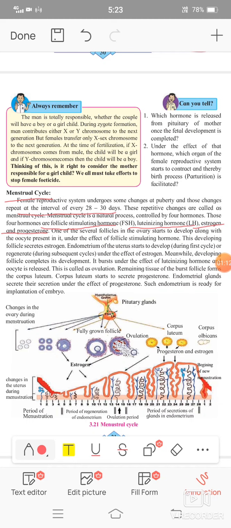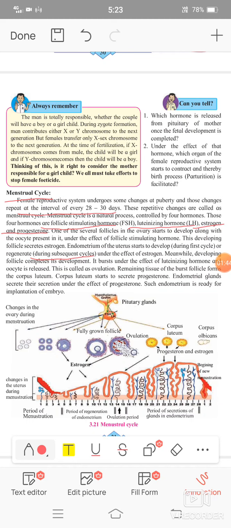One process depends on another process, so it is subsequent during the cycle. The endometrium of the uterus starts to develop during the first cycle, or regeneration, under the effect of estrogen. So the follicle is developing, and the uterus also starts developing with the help of that estrogen.